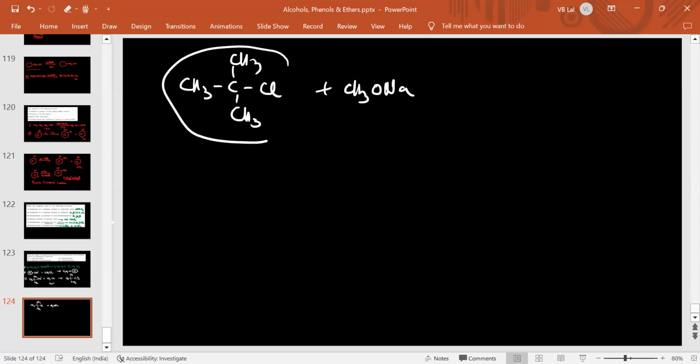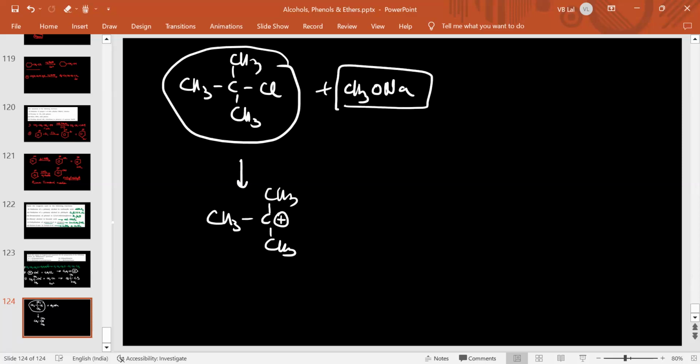The tertiary alkyl chloride ionizes quickly and gives a carbocation. So the carbocation forms quickly and the mechanism becomes SN1. Now the nucleophile here is CH3O minus, which is a strong base. So it takes H from here and converts it into an alkene.